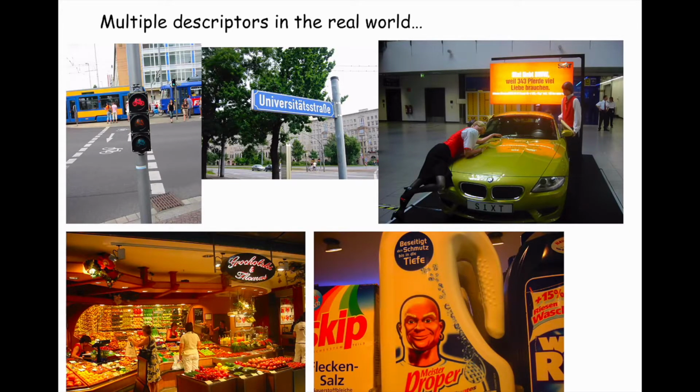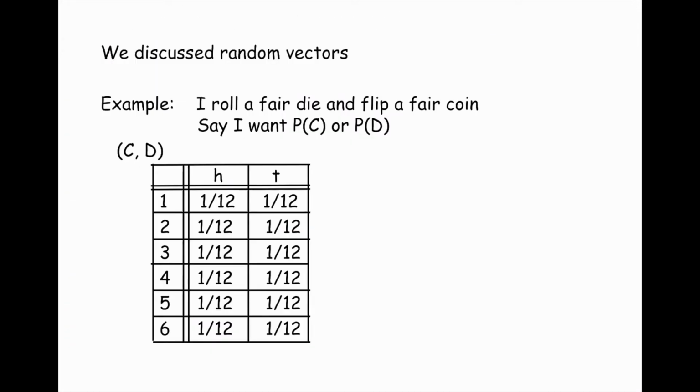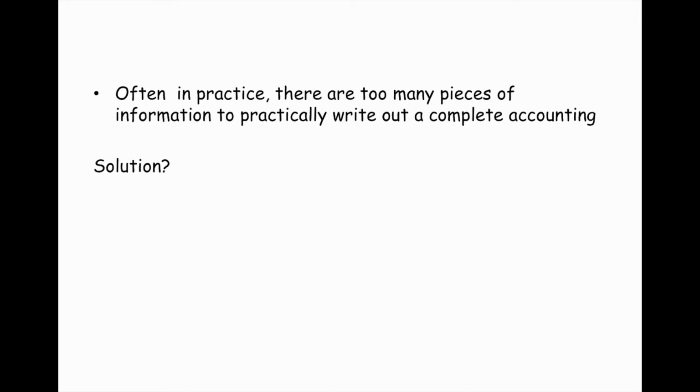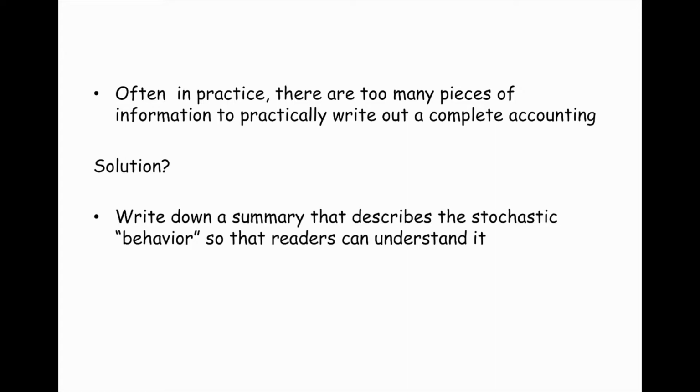So in the real world, of course, you have multiple descriptors. In the computer vision domain, you have color, texture, shape. And we talked about this idea of vectors of random variables that describe these complex things that have multiple measurements that you might make over them. And so in practice, often it's too complicated. There's too much information, too many moving parts for you to write out a complete accounting of how it behaves. So the only solution is to have a summary, right?